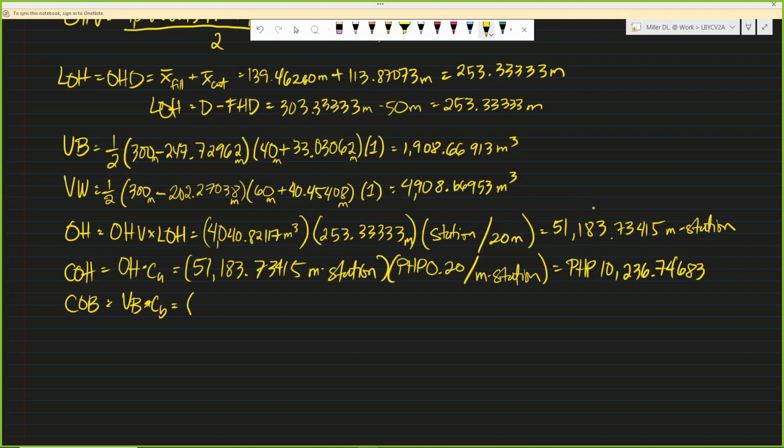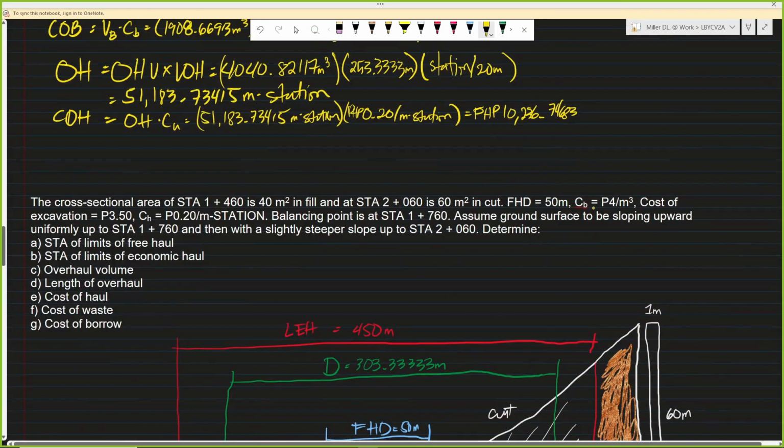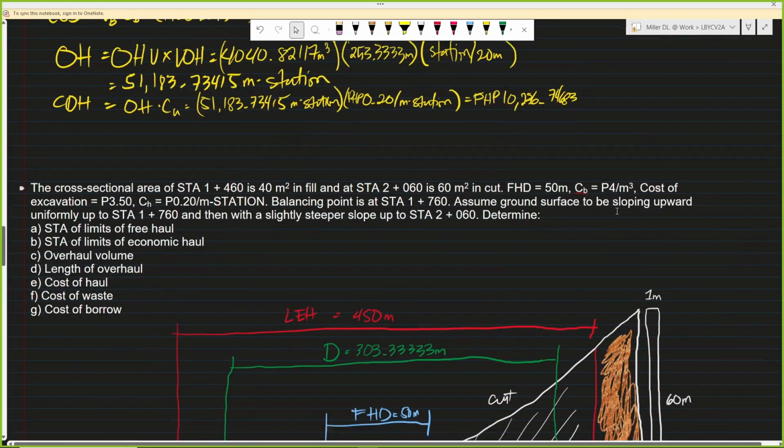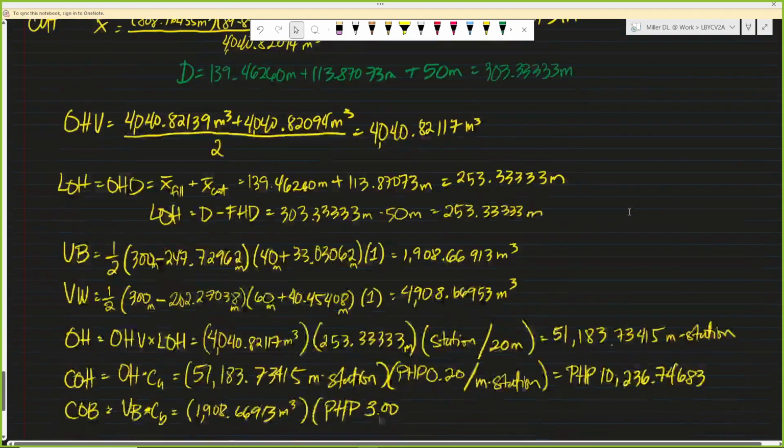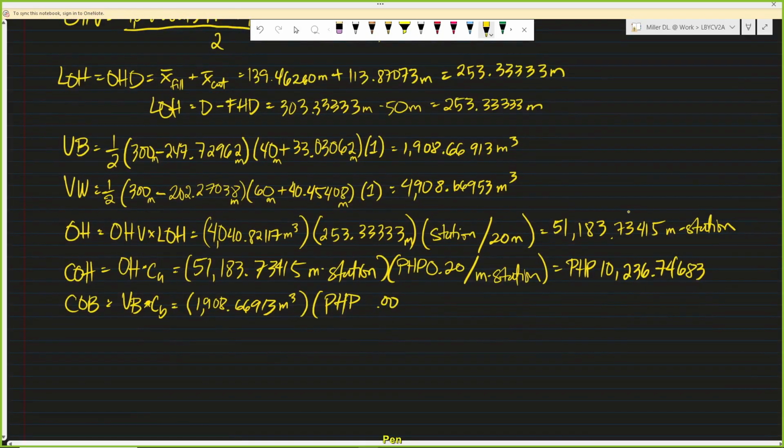So, ang volume natin is 1908.66913 cubic meter multiplied by 3 pesos. Tama ba? 4 pesos per cubic meter. Sige, kindly solve.